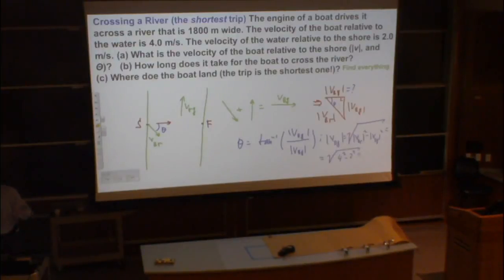Now it should be 16 minus 4, 12 meters per second. Or we could have used sine. Theta also should be equal to the inverse sine of opposite over hypotenuse. So that's the inverse sine of 2 over 4.